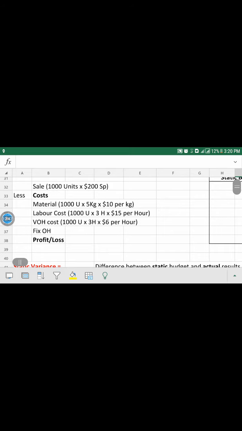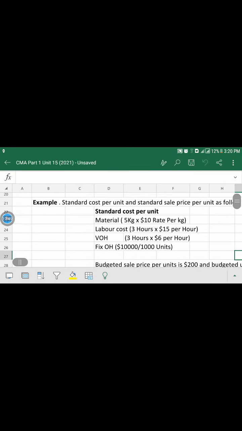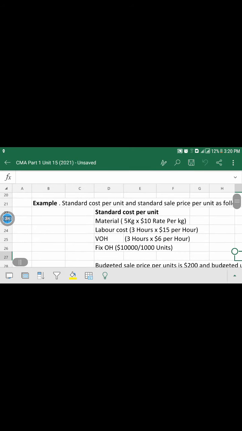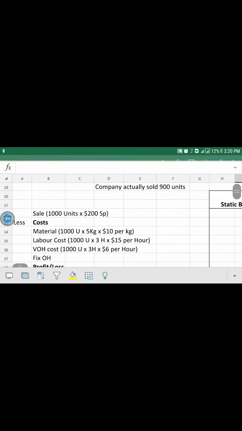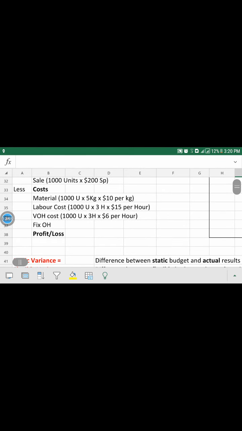Now you can see the labor hours. The labor was also the same. You can see here the labor cost is 3 hours per unit into $15 per hour that we are paying to the labor. So labor cost into 1,000 units into 3 hours into 15, and if you multiply, how much will we get? 45,000, right?